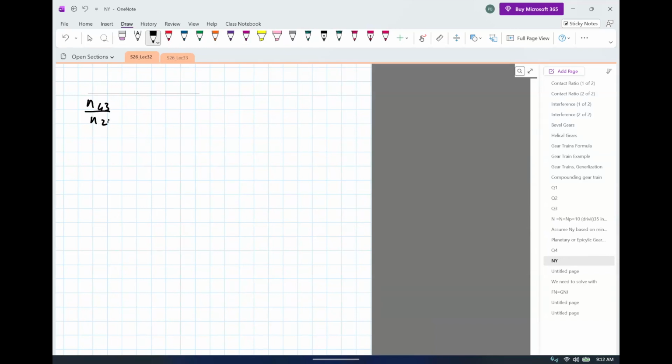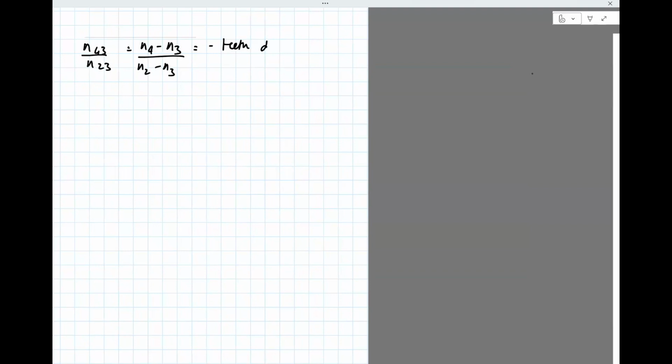N43 divided by N23: N4 minus N3 divided by N2 minus N3 equals driving 2, driven 4, with the arm 3 fixed.